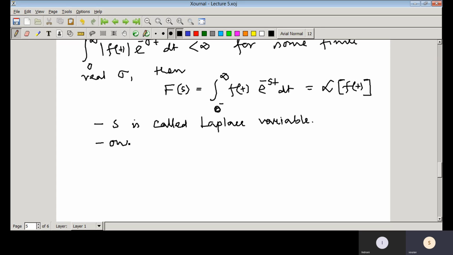So that means this one-sided Laplace transform, in control we will be taking the one-sided Laplace transform, and it makes sense since the systems are causal.